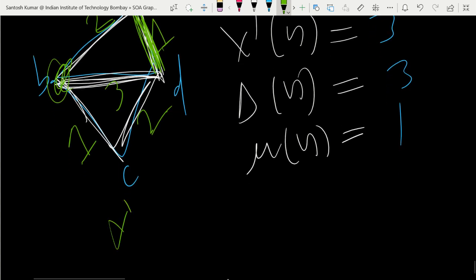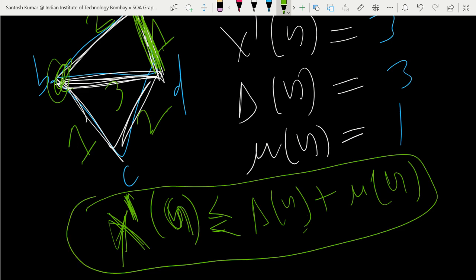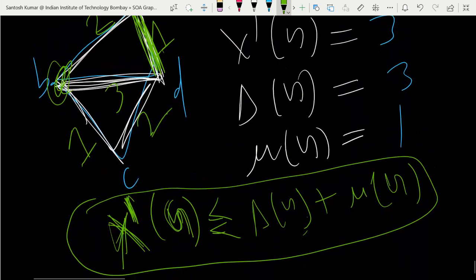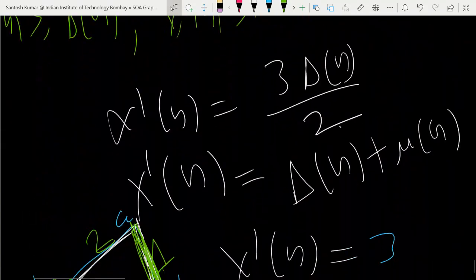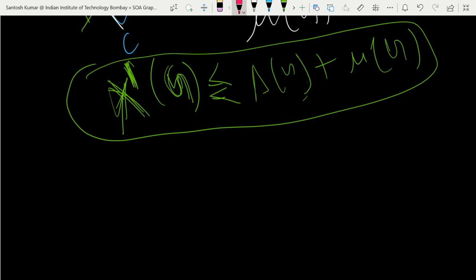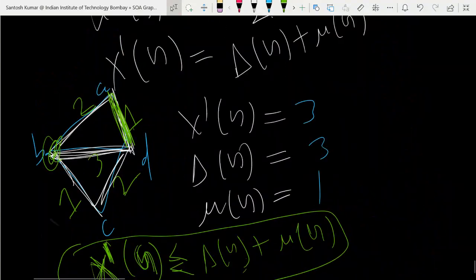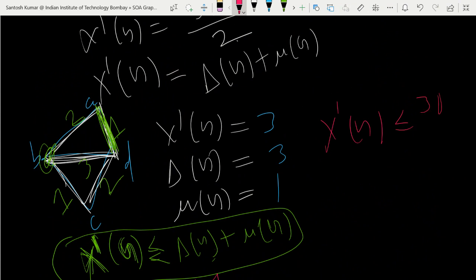So you can check here, chi dash G is less than or equal to delta G plus mu of G. So you can see 3 is less than or equal to 3 plus 1, and you can also check 3 is less than or equal to 3 times 3 by 2, which is 4.5.